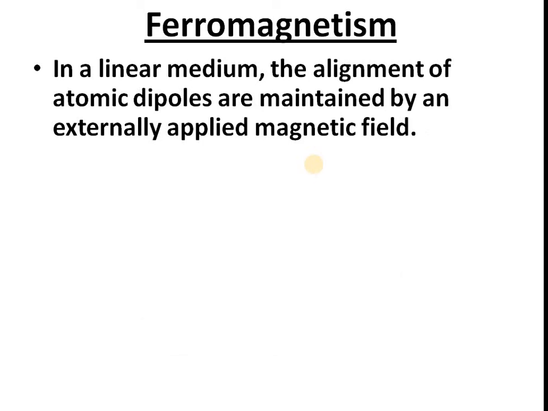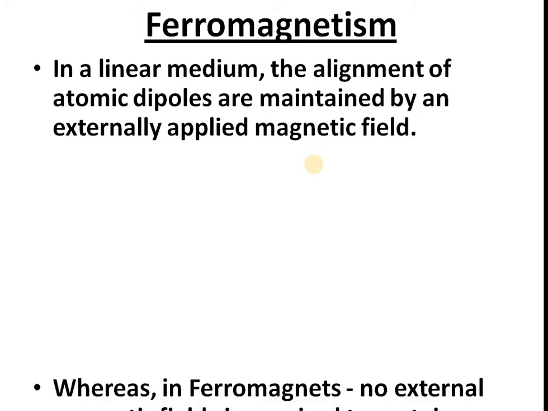So in a linear medium, alignment of atomic dipoles is maintained by an externally applied magnetic field. For maintaining magnetic dipoles in a particular direction, you have to constantly apply a field. Understand? Without the field, you cannot maintain magnetic dipole alignment.